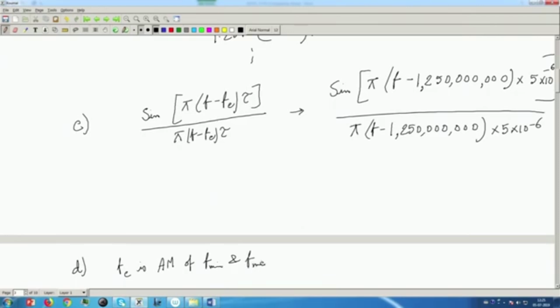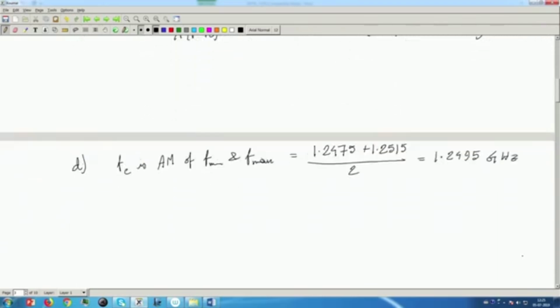So, it is 1.2475 plus 1.2515, divided by 2. So, that is 1.2495 gigahertz. That is all. So, part D is over.